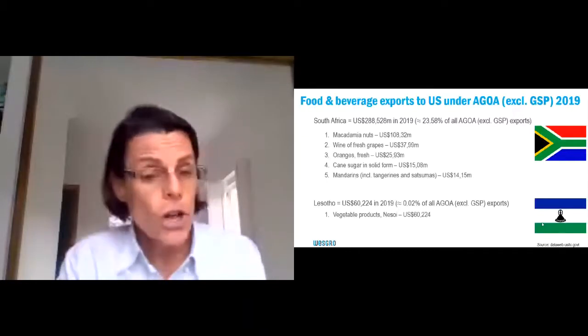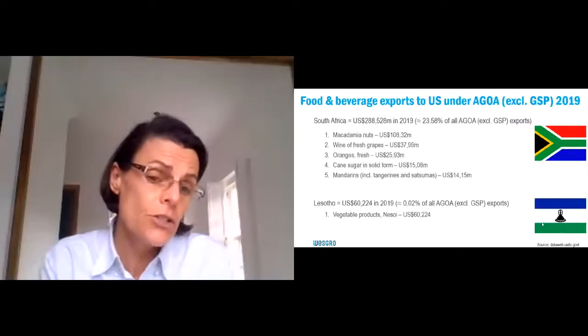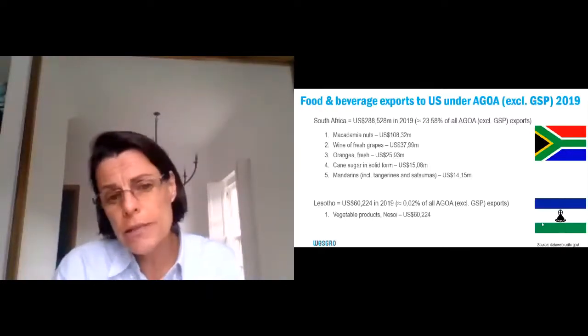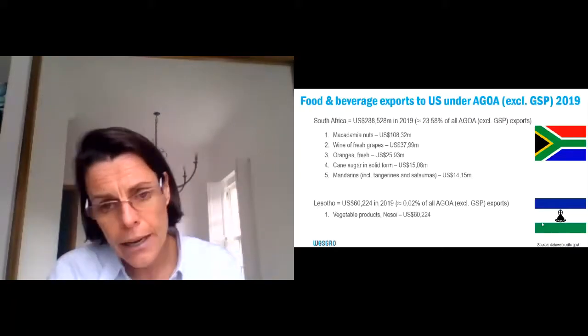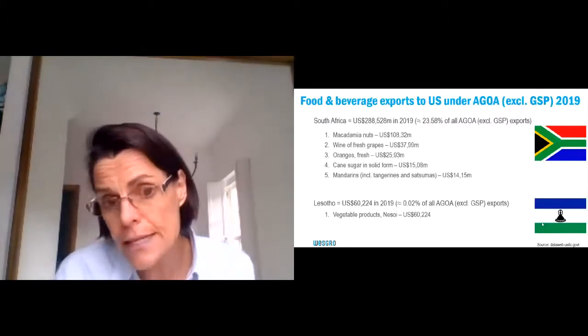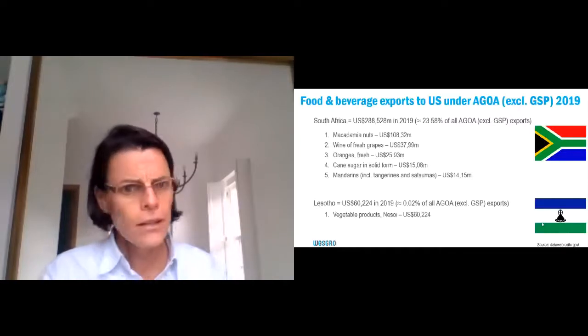Lesotho in turn, just over $60,000 to the US of food and beverage and agricultural products. Very low percentage of all of their Agoa exports. And like I mentioned briefly earlier, a large percentage of their exports to the States under Agoa are of an apparel nature.